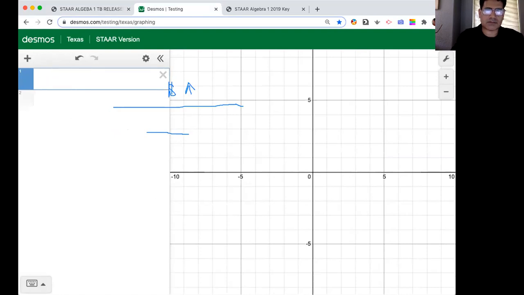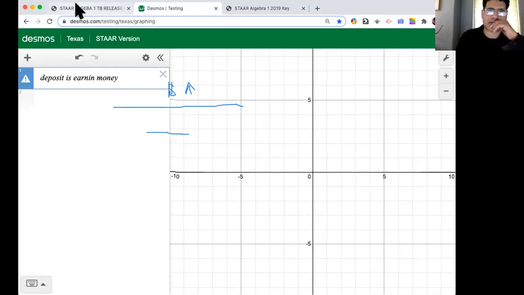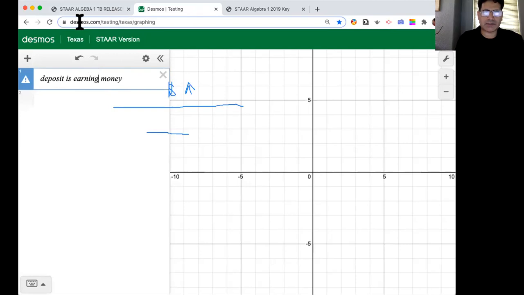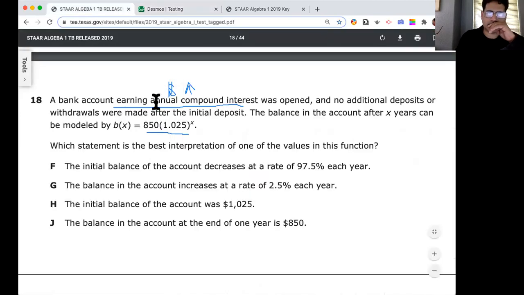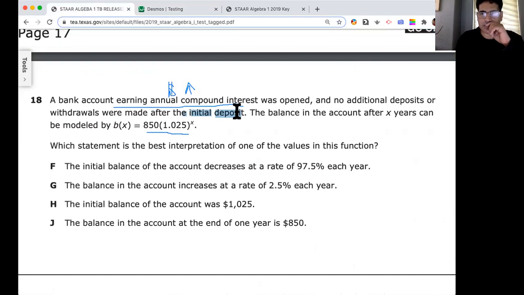Deposit is earning money. You get paper, and you can represent it as that. The deposit is earning money. No additional deposits were made after the initial deposit, so just one amount. The balance in the account after X years is modeled by function of X equals, okay.